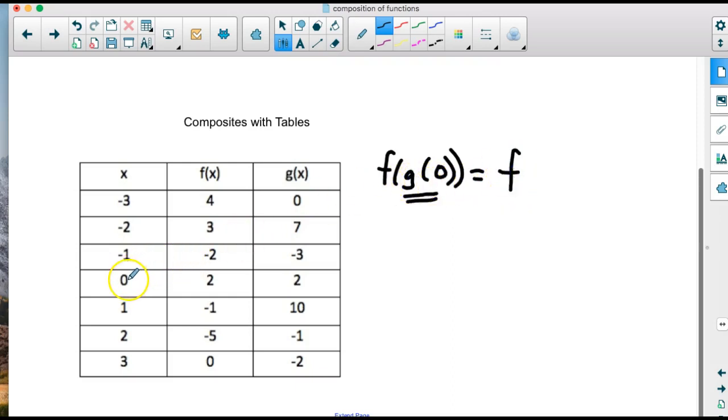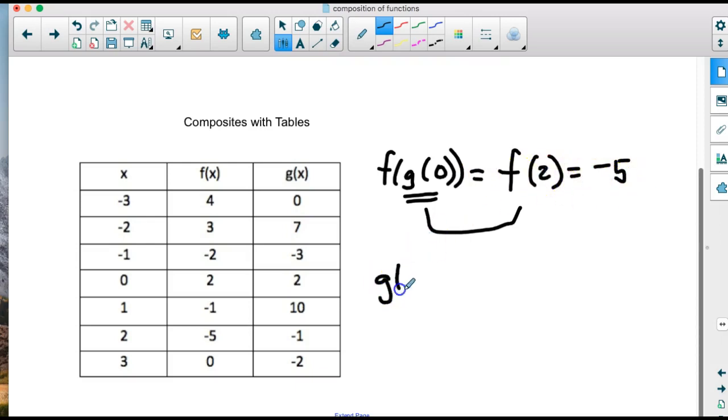We're going to look right here at 0, and then we're going to read over g, that's 2. So this value is going to be 2. So we replace it with that value, and now we're just going to use the chart to find f of 2. So we go down into the thing here, read across to 2, that's going to be -5. So f of g of 0 is -5.